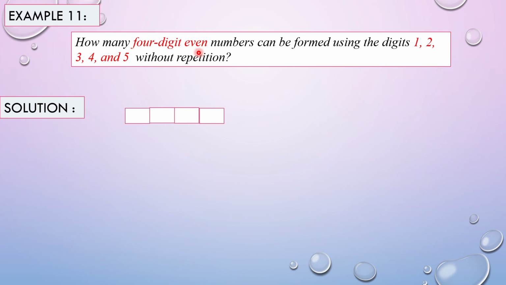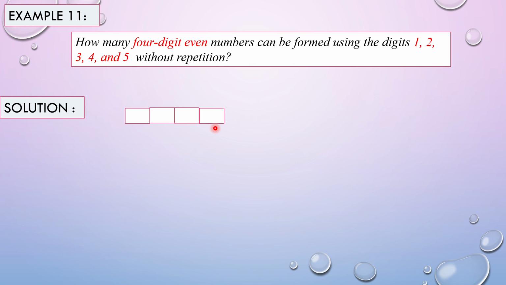Now if you still remember, you can easily identify an even number by checking the last digit. Therefore, for this case, you need to identify the digits that can be fulfilled in the last box.